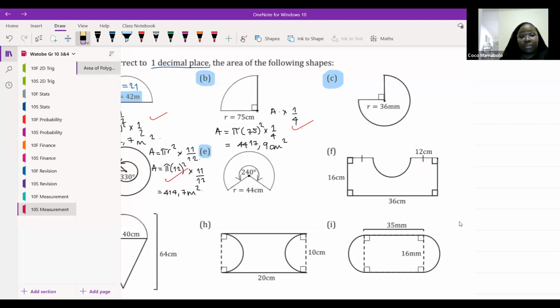What are those 2 different shapes? If we look at F, what 2 shapes make up this? Correct, Nico? It's a rectangle. There is a rectangle, but I want you to be very specific about the other part. Rectangle and a what?